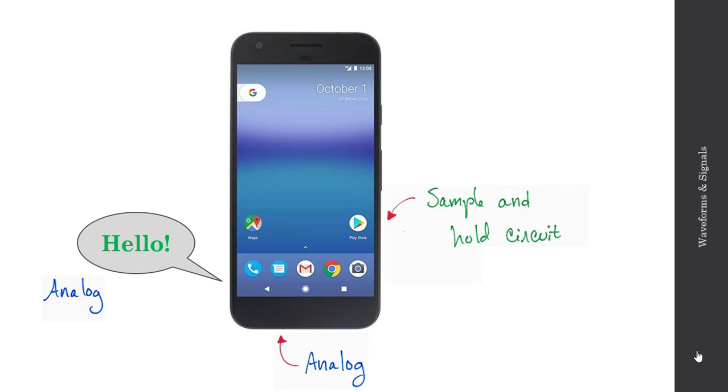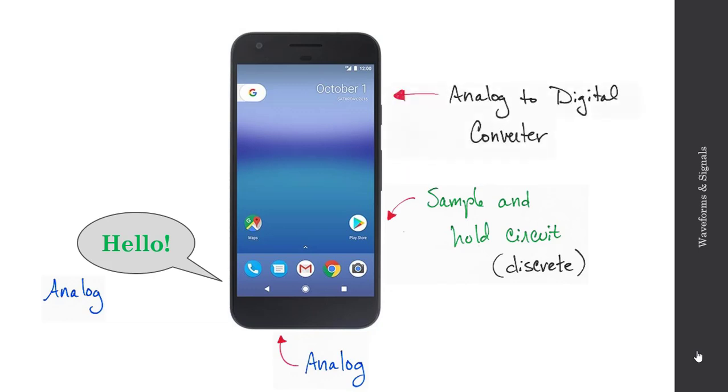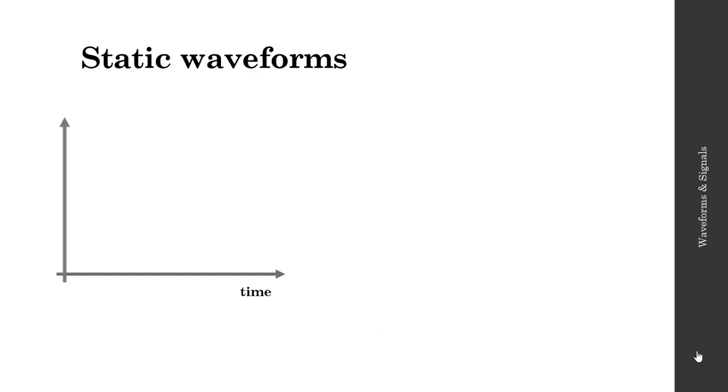And this circuit will sample that analog signal coming from the microphone, which would result in a discrete signal. And then finally, I'd have that sampled signal going into an ADC, an analog to digital converter, where the output of the ADC then will be a digital signal. So in this sense, in the example of a cell phone, we have the full range from analog to discrete to digital signals occurring.